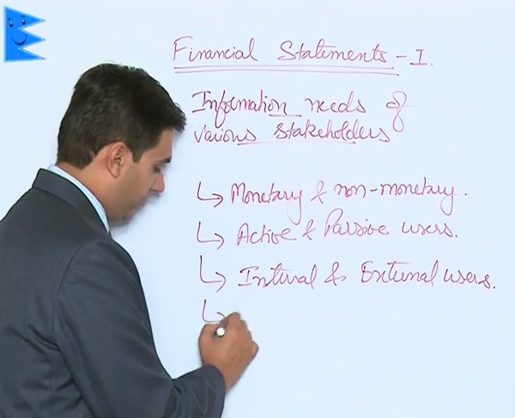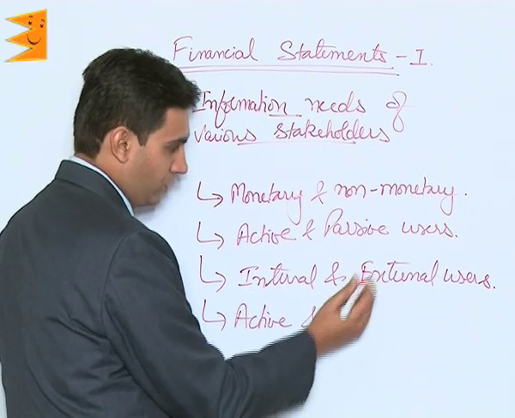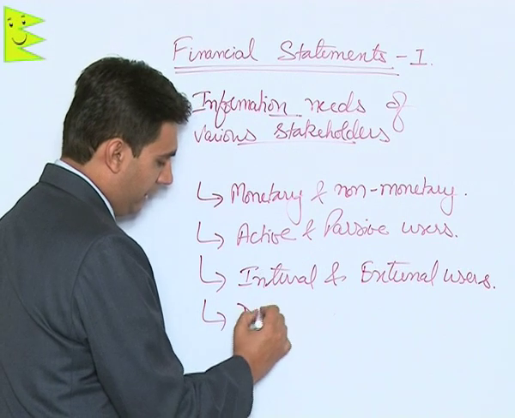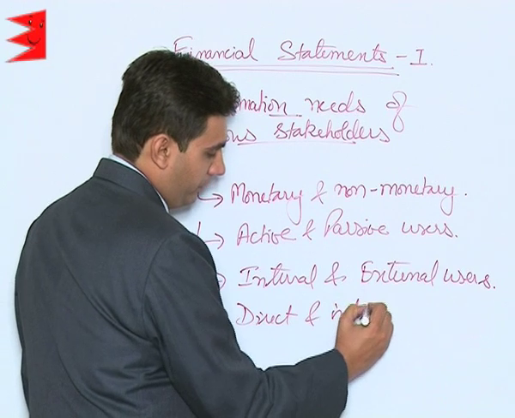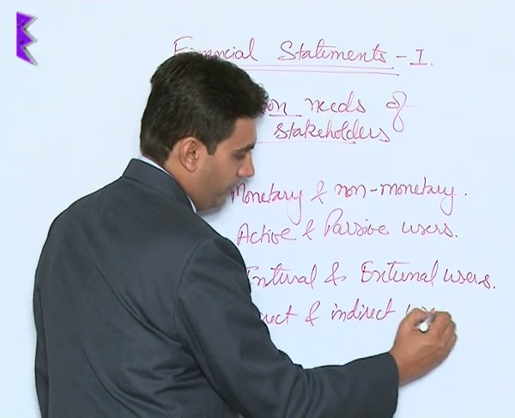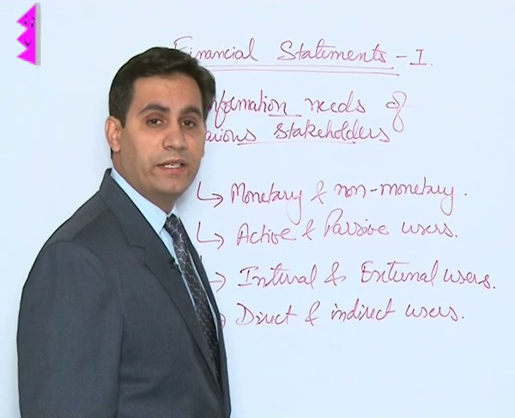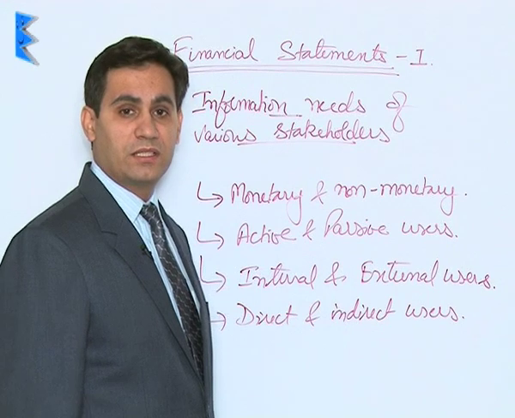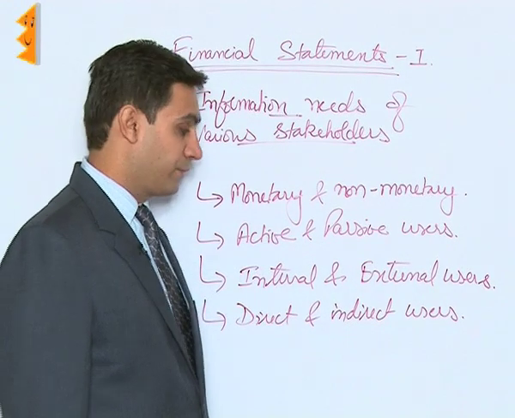Then you can have active and passive users. We have already done that. You can have direct and indirect users. Now direct users means again somebody who is directly interested, somebody like owner who has invested a lot of money in the business, so he would be naturally and directly interested in the financial statements.